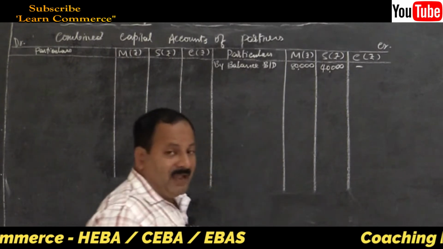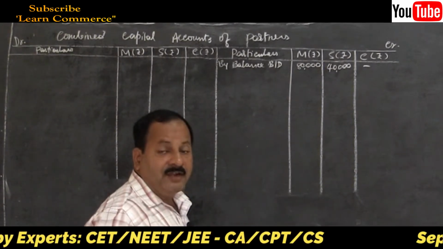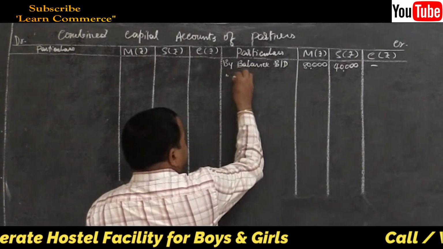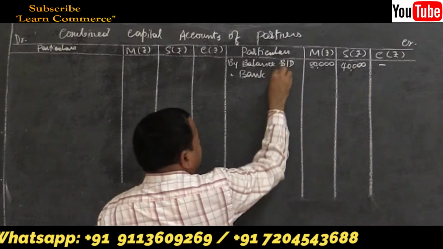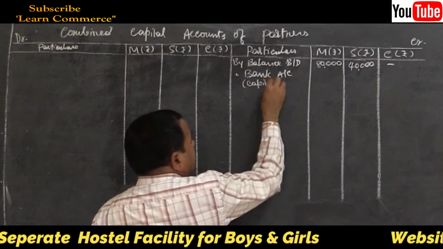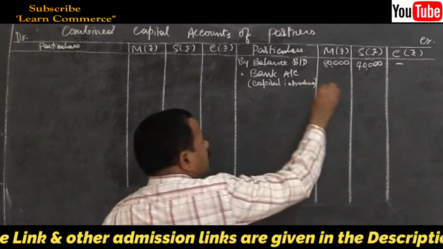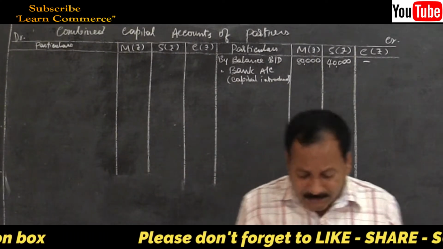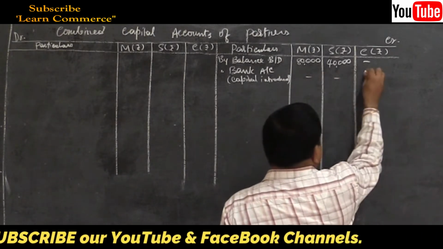So bank account debtor to new partner's capital account. So by bank, new partner's capital account is credited by bank account, capital introduced. How much it is? Capital introduced is 26,000.